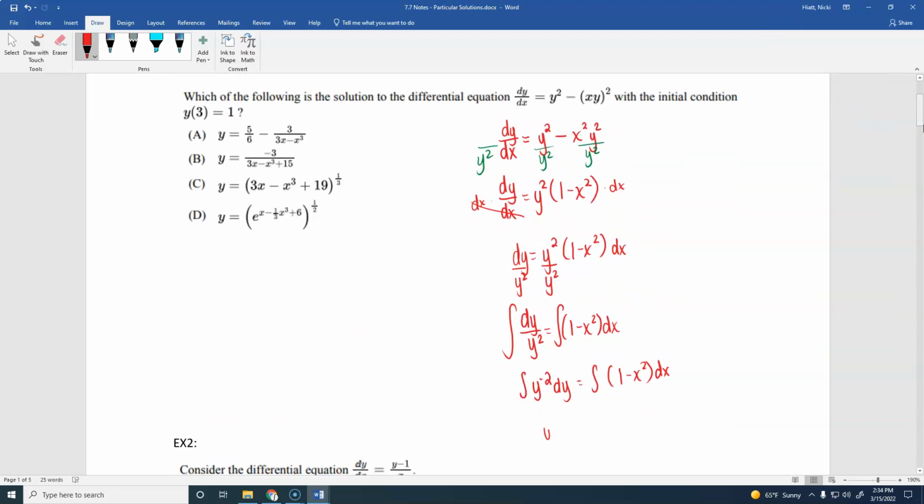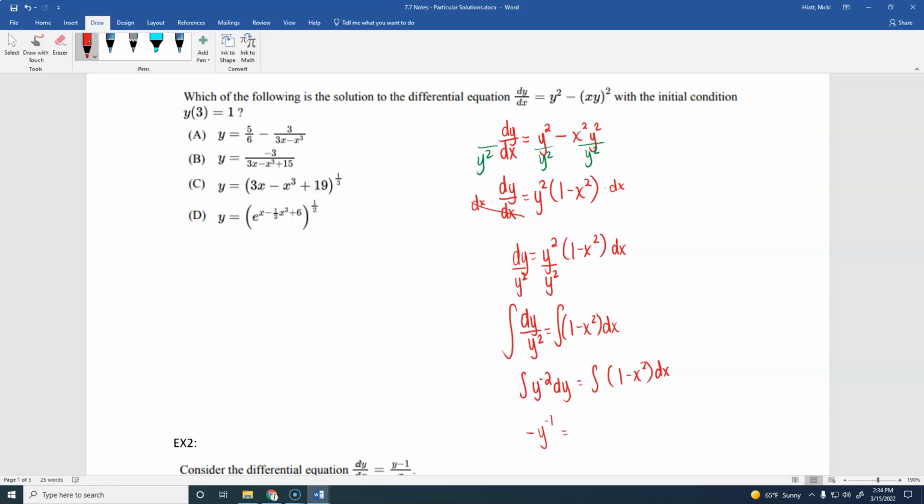So that would be y to the negative 3rd. You would divide out front by that negative 3, so you get negative 1/3. Oh, yeah, you're right. I'm sorry. Thank you. I make too many mistakes whenever we're doing this.